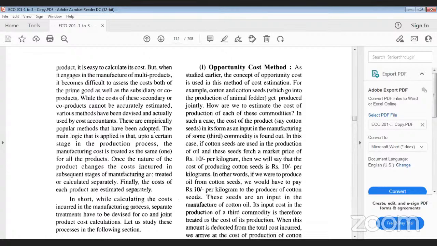Once the nature of the product changes, the costs in subsequent stages of manufacturing are calculated separately. Finally, the cost of each product is estimated separately.